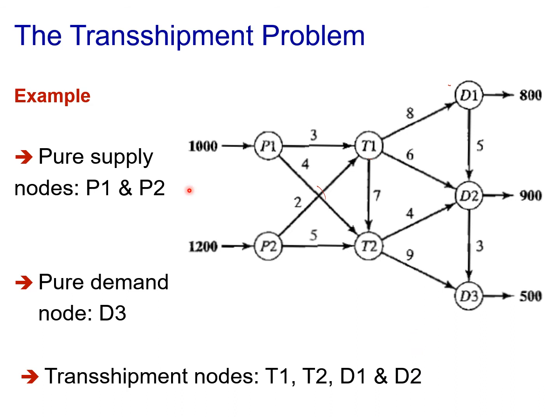No pure supply, no pure demand. It's also possible. But these are all the possible categories of nodes in a transshipment problem. It's important to differentiate between pure supply, pure demand, and transshipment nodes, because when we convert this problem into a transportation problem, we will be making use of these.